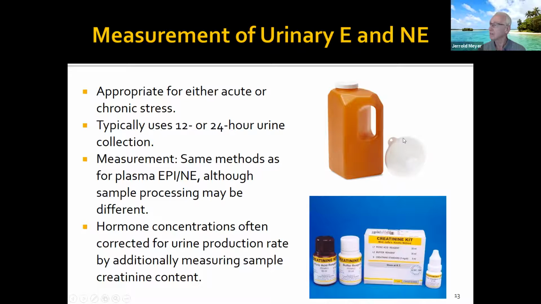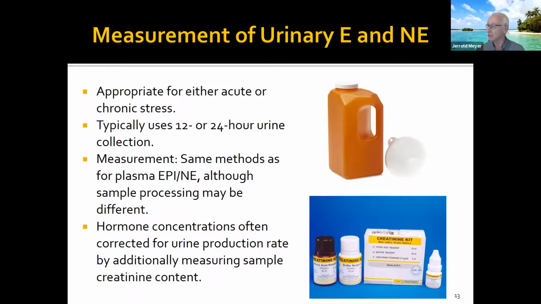There's a jug, a funnel, so you have to pee here and collect it, and then return it to the lab. And the hormone concentrations can be affected by the production rate of urine.